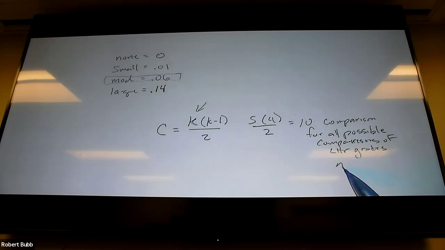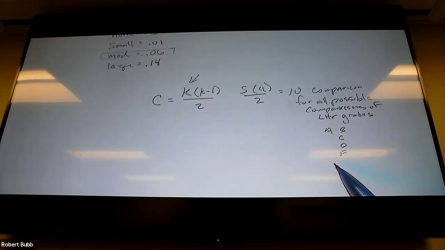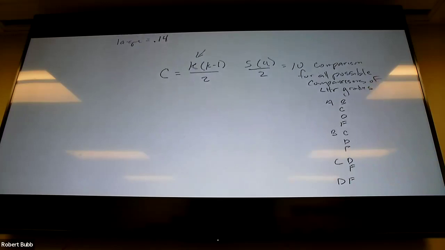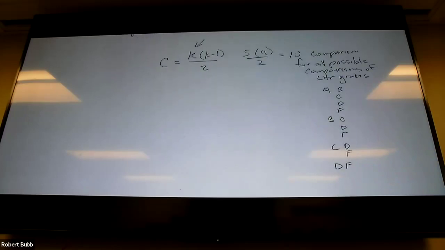To give you an idea: A versus B, C, D, and F; B versus C, D, and F; C versus D and F; D versus F. That should be 10 if we're counting.